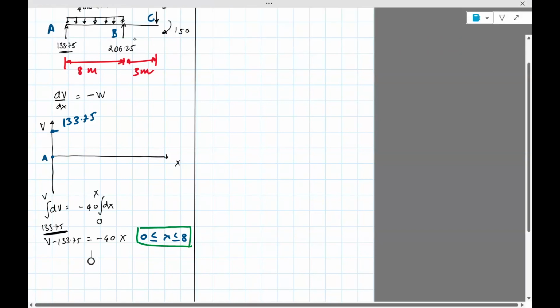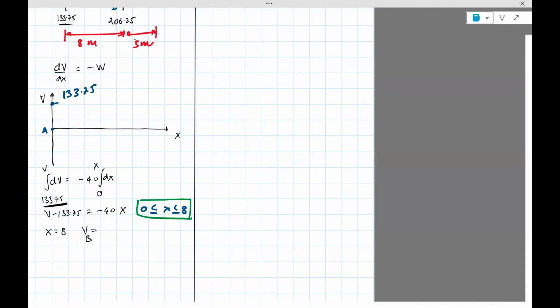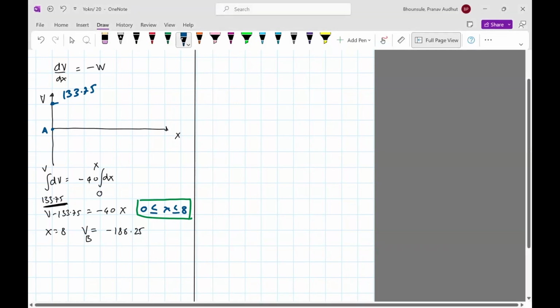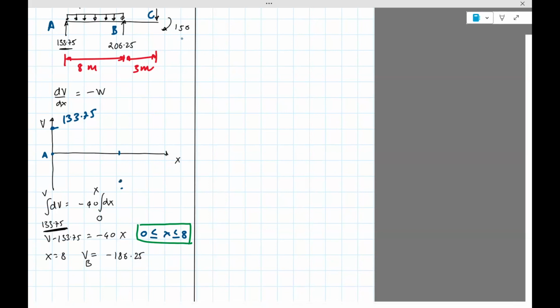You can check this equation. If you put x equals 0, it does give you V equals 133.75. That's one check that the equation is right. Next, we need to compute the shear force at B. So we put x equals 8 and solve for V. V at B is equal to minus 186.25.